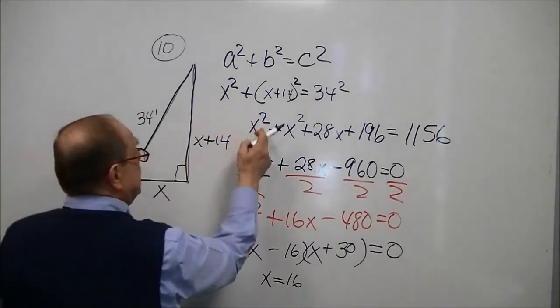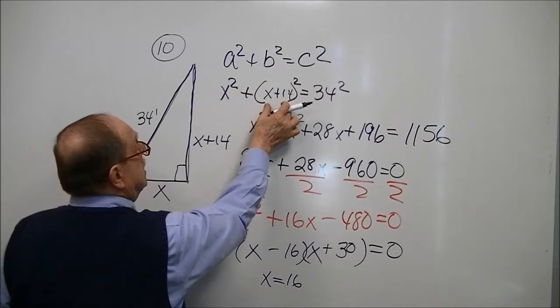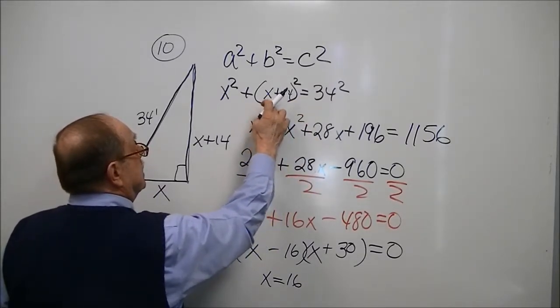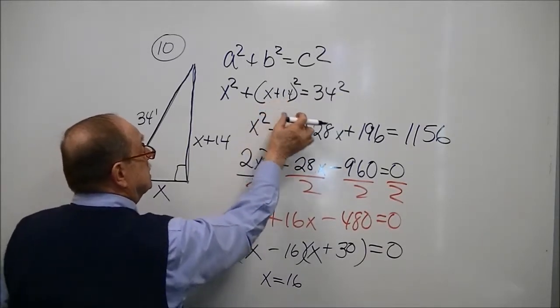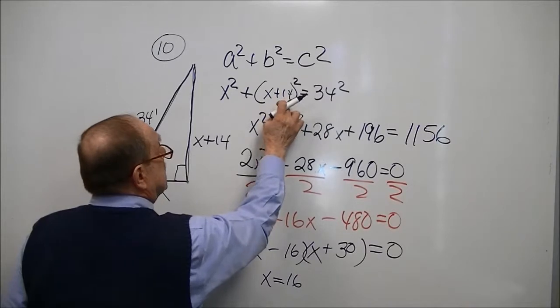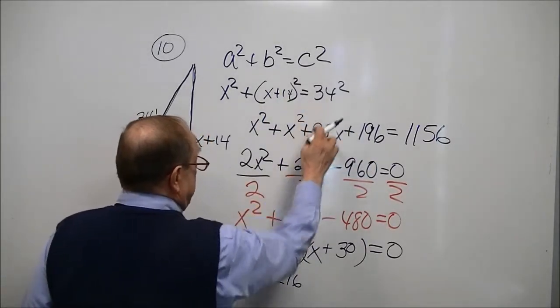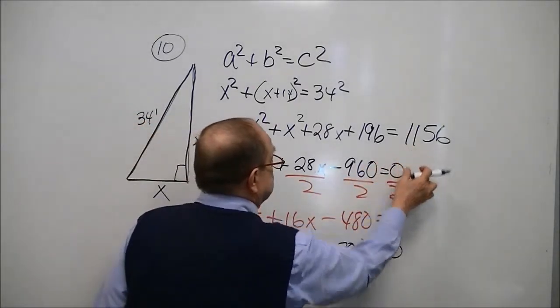So x squared is x squared. We squared this using our special formulation. Square that, multiply these two, double it, square the last term, and then we squared 34, and we got this.